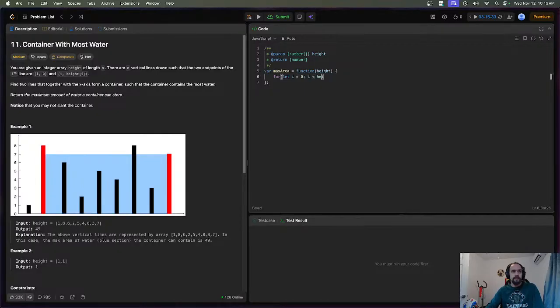For let i equal 0, i is less than height dot length, i plus plus, and for let j equal i plus 1, j is less than height dot length, j plus plus. We'll say let max equals 0, return max.